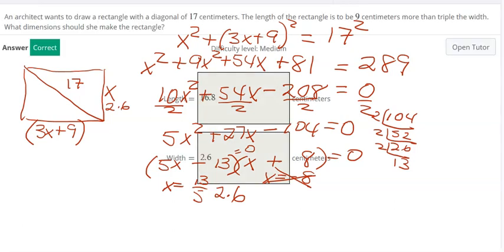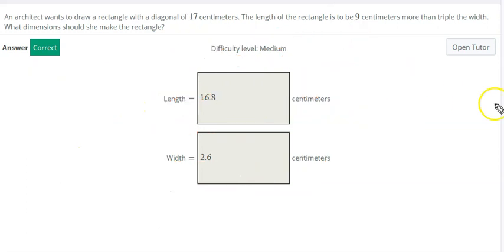The length then is 16.8 on this example. Now I did this twice because I wondered, would we end up with a decimal? That gave me a caution because we hadn't had any that ended with a decimal like this. But it happens to turn out to be the correct answers here.